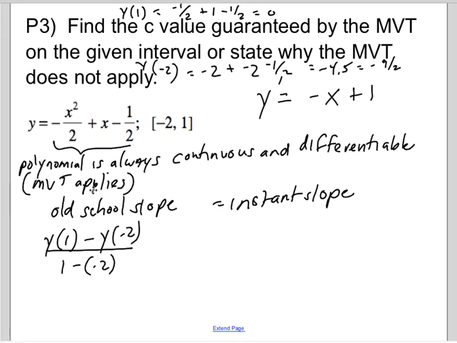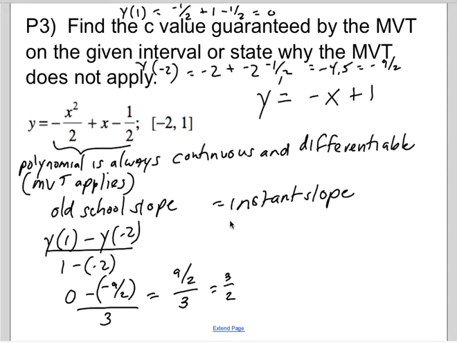Doesn't matter to me. So what seems to happen here is I get 0 minus -9/2 divided by 3, which should be 9/2 divided by 3. You can either make that 9/6, or you can recognize that it simplifies to 3/2.